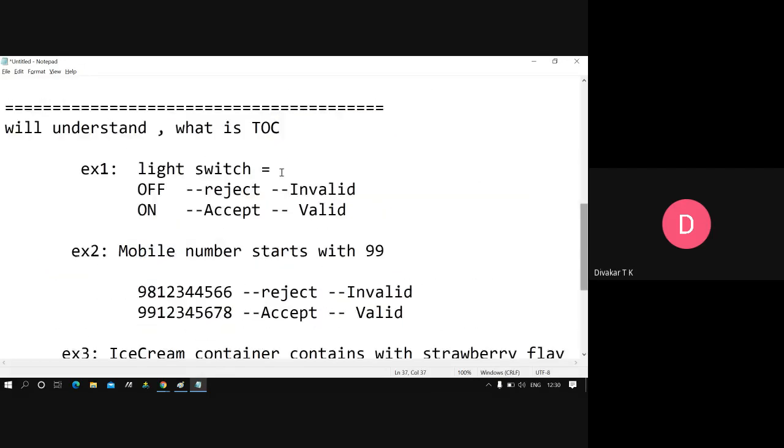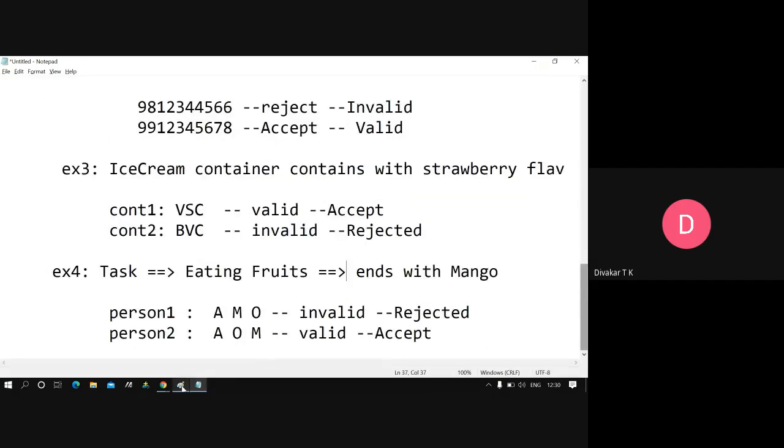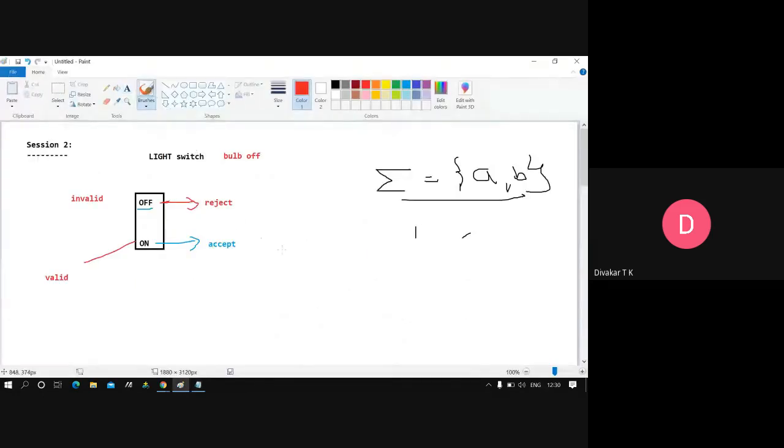Now, TOC meaning: we are designing a machine, guys, and TOC is a very important subject. Whenever you design a machine, there will be two chances. One is it will accept if it is correct. If it is not correct, it will reject.